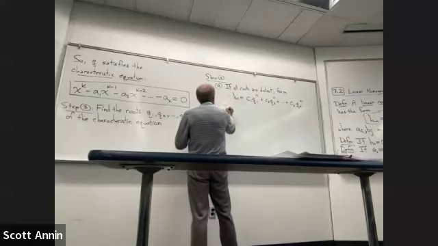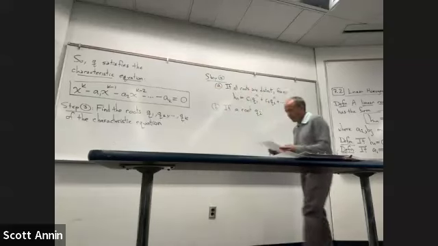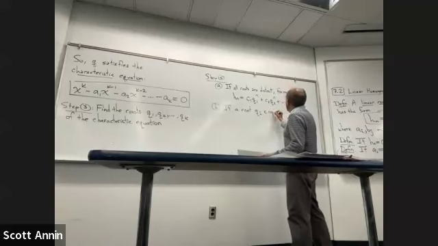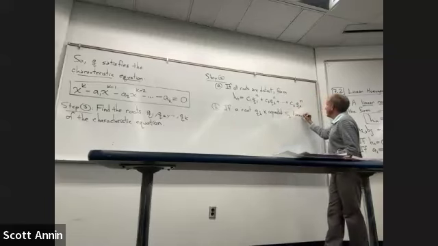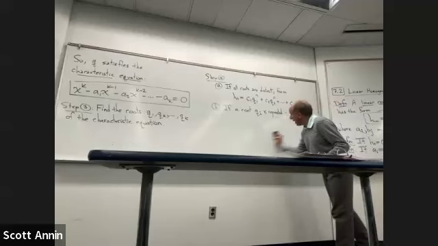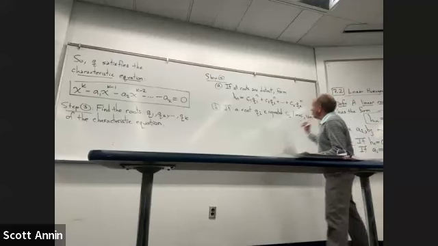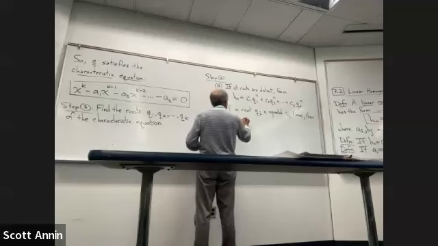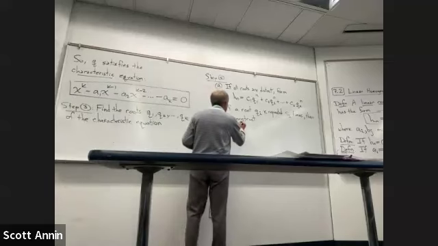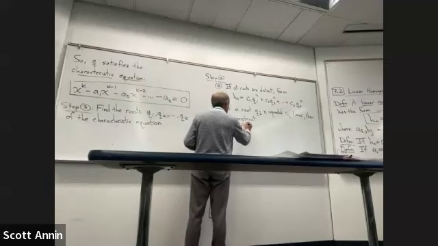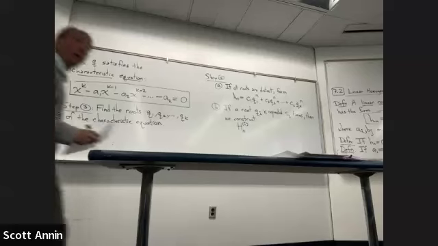So let's write it down. If a root, let me call it q sub i, is repeated s sub i times, I'm trying to use the book's notation here, then we construct the following expression. I'm not going to call it little h sub n, I'm going to call it capital H sub n with a superscript of i on it. So this is where the notation starts to get kind of annoying.